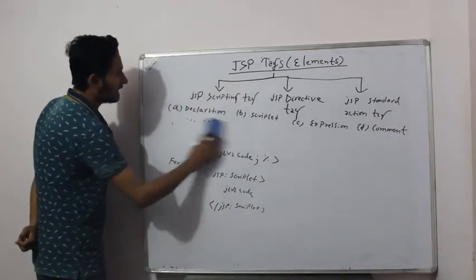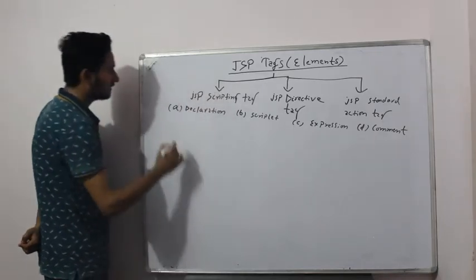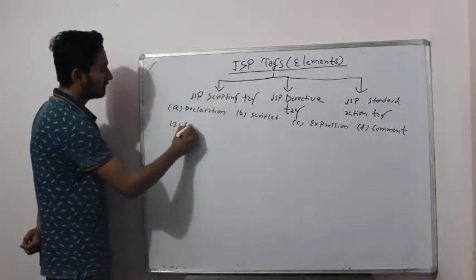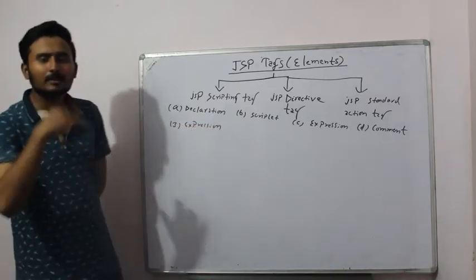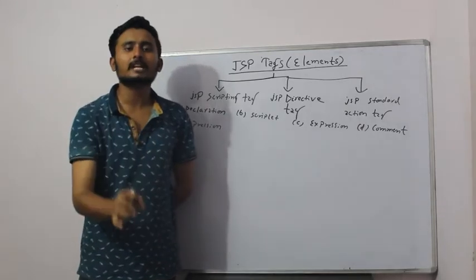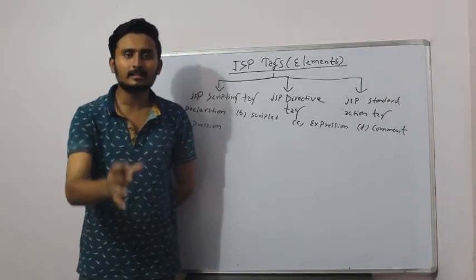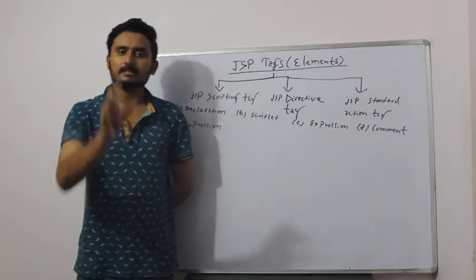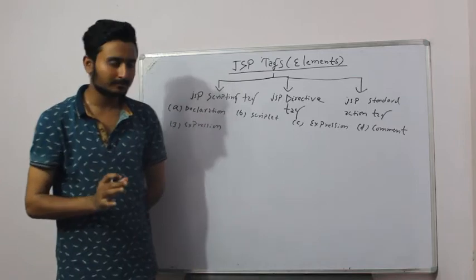Now the third tag is your expression tag. So what is this expression tag? When we want to insert values to a variable directly, for assigning the values to a variable directly, we use this expression tag. The simple difference between the scriptlet tag and the expression tag is this.